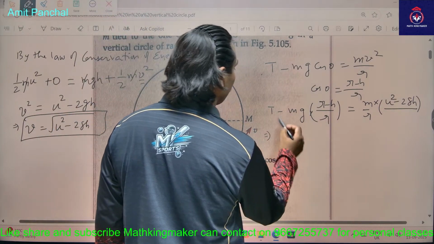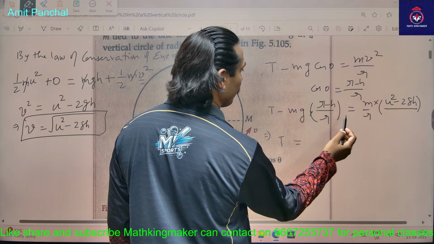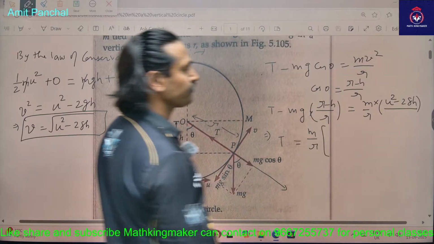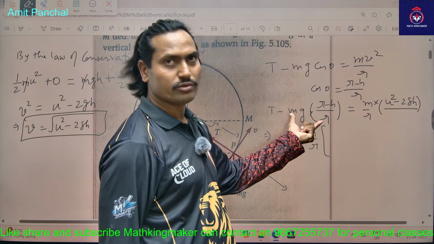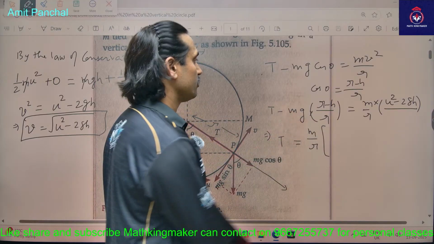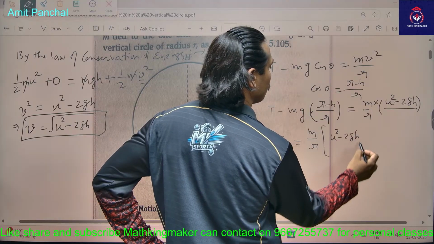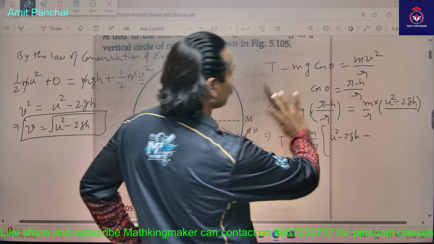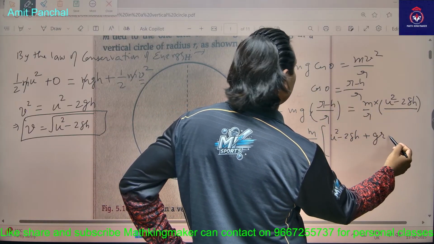So we need to find T. So T equals, I can take m by r common from this and from this also. Here it becomes u square minus 2gh, and here it will be positive, so it will be gr and minus gh.